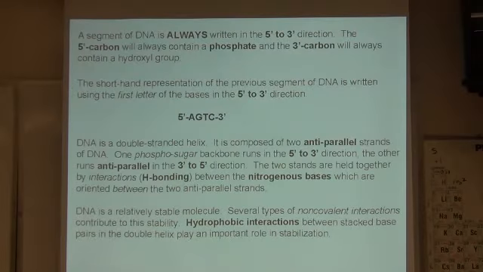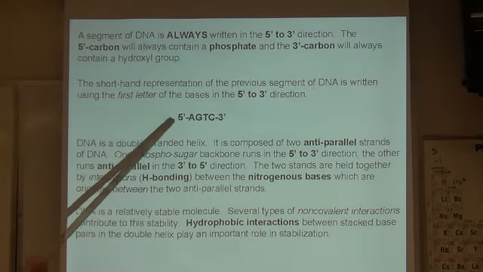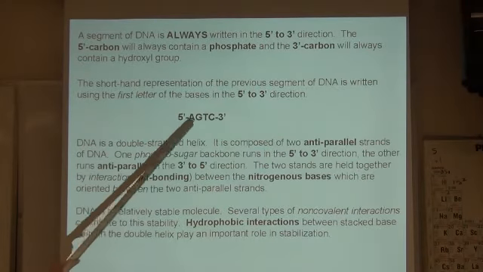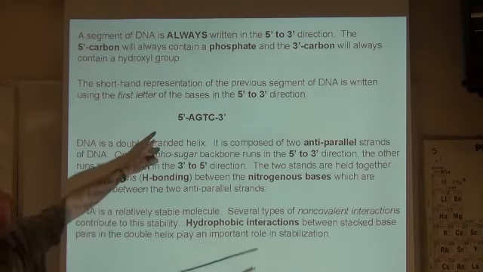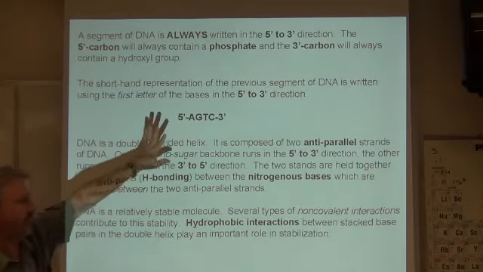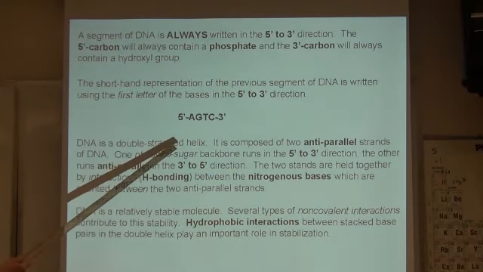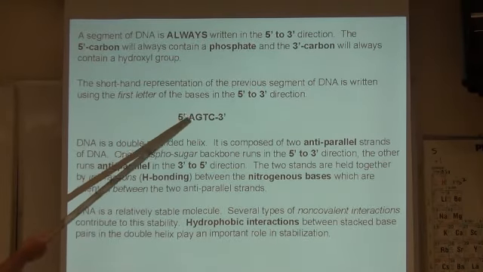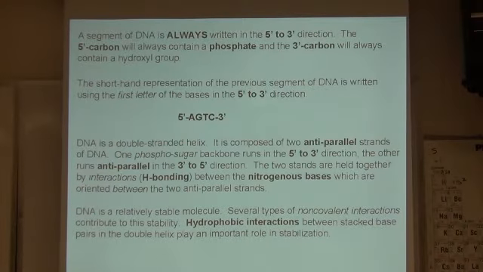So that segment, this is what it would look like. And there are many different ways to do it. Sometimes books put a little P here for phospho, but the easiest way is 5 prime to 3 prime, A, G, T, C. Everybody see that?